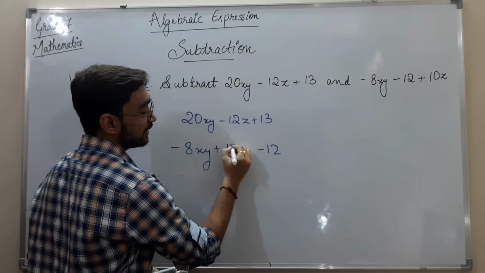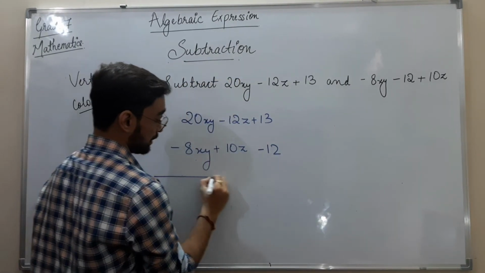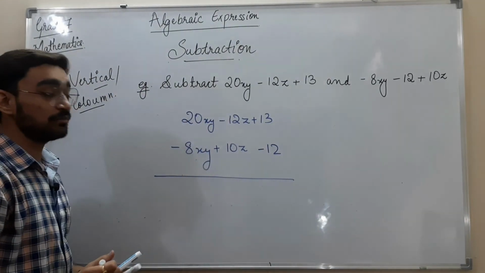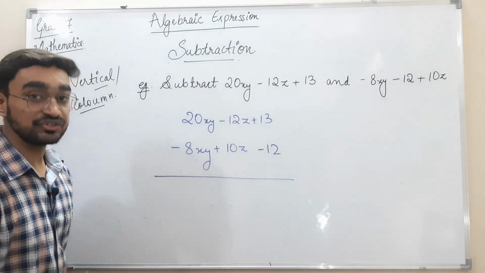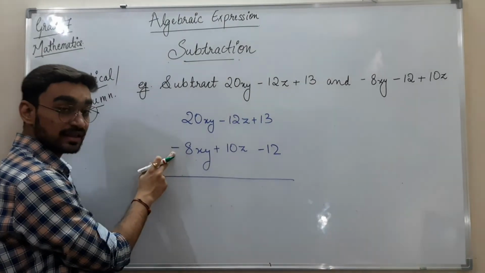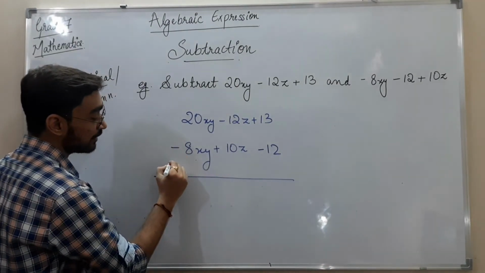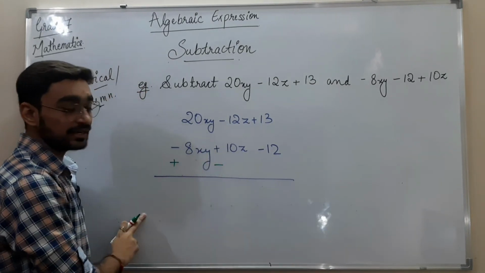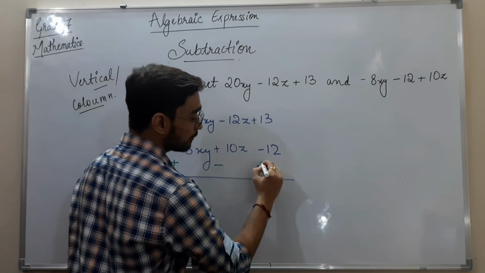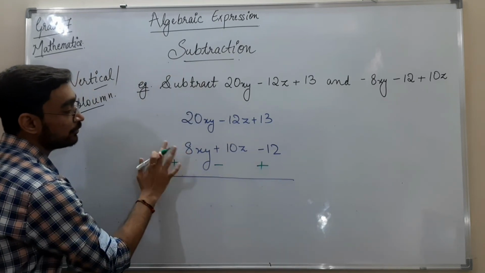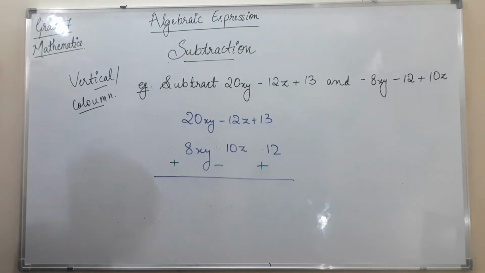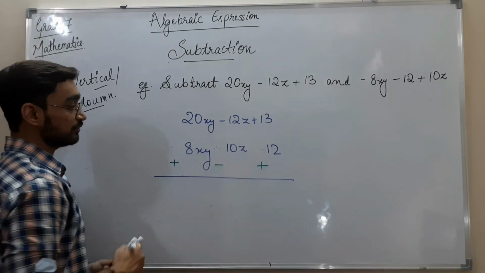Because it is a subtraction, that means we have to change the symbols of the second one. So this negative will become positive, positive will become negative, negative will become positive. Now we have to forget these old symbols. We only have to look at the new symbols.